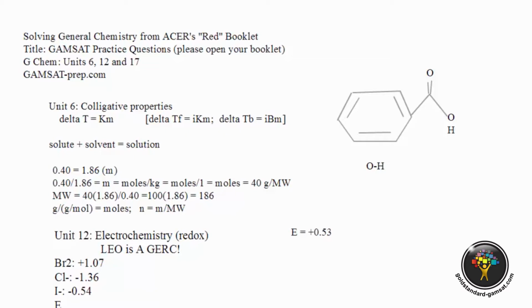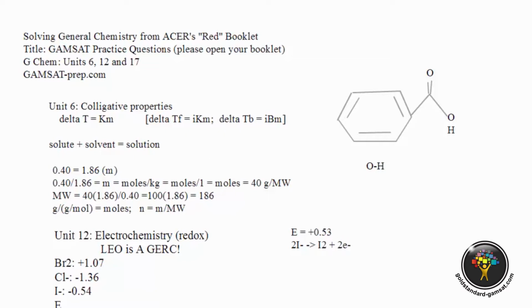Now, I also want you to understand why these are called half reactions. So as much as I don't want to write this out, I just want to be very clear of what that whole thing about iodine is. Okay, so the reaction of iodine is 2I minus going to I2 plus 2 electrons.